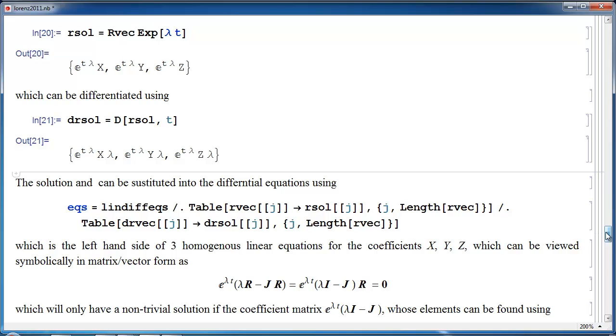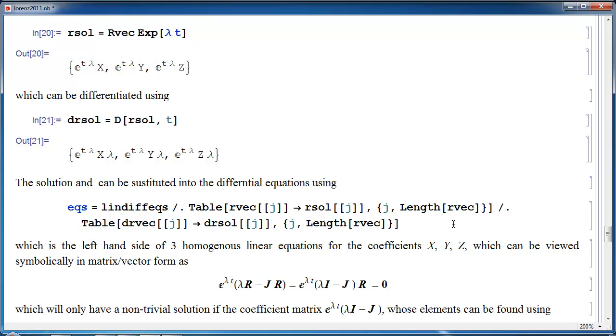And we now insert those into the linearized differential equations. So this assigns the value of the solution to the variables, and this assigns the values of the derivative to the derivatives.